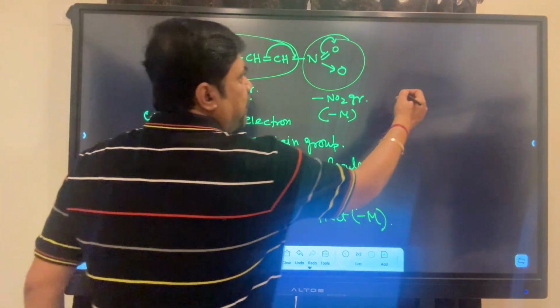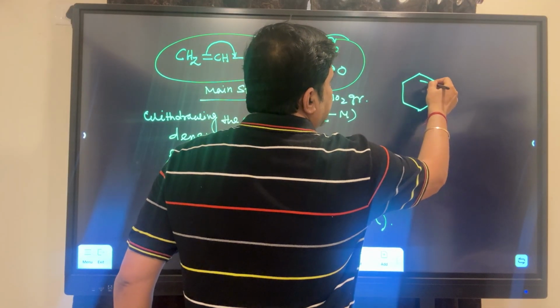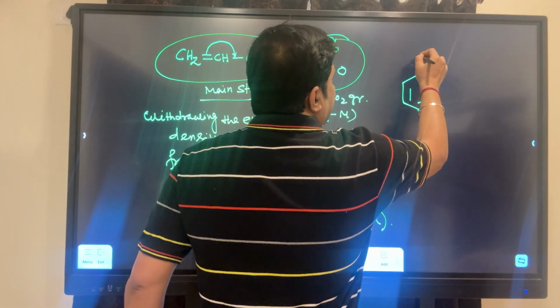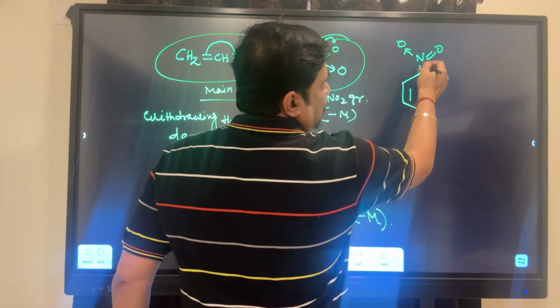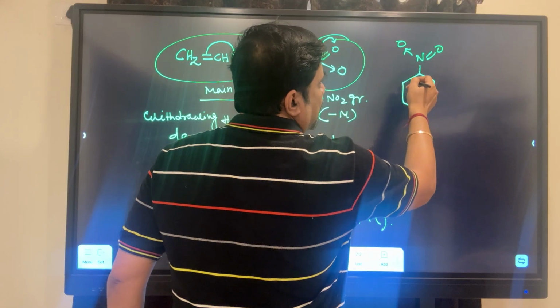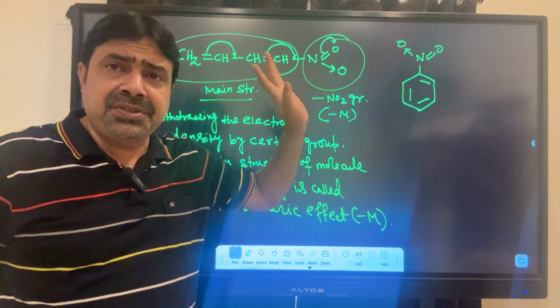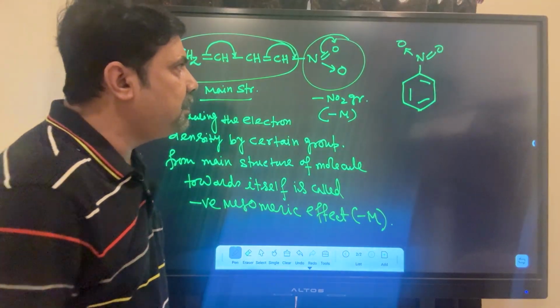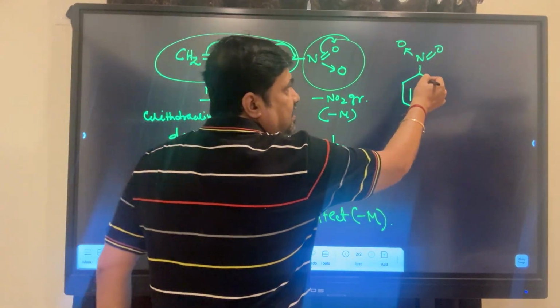Now the same group, if it is attached to a benzene ring, also a conjugated system. If you look at here, nitro is like this. With respect to the nitro group, single bond, double bond, single bond, double bond, single bond, double bond, single bond, double bond. That means it is also a conjugated system. So now here also what will happen? How to draw this, that also you look at, that resonating structure.